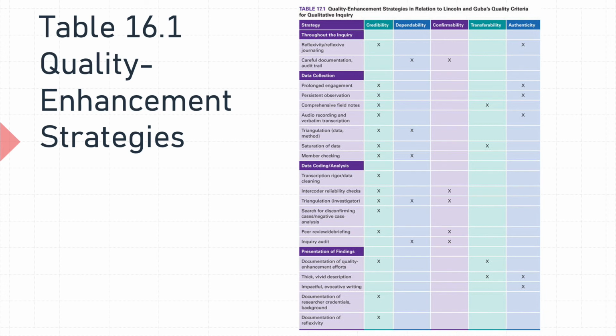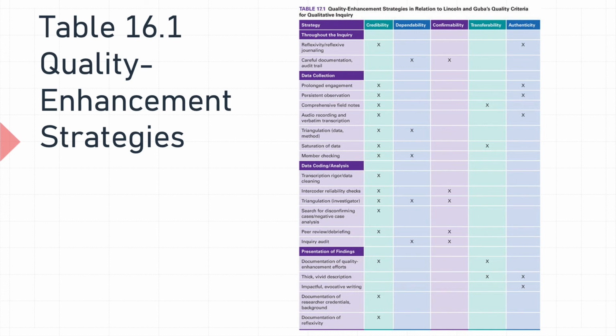One of the things, if you look throughout the inquiry, is careful documentation and an audit trail. And that basically is really important to dependability and confirmability.